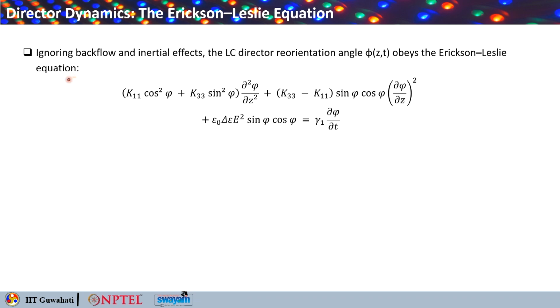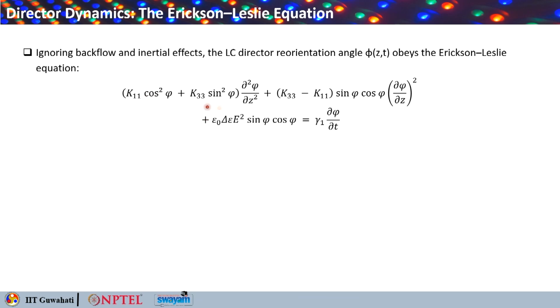On the left hand side of the equation, the first term is the elastic restoring term, the angle dependent effective elastic constant with the blending of K11 and K33.